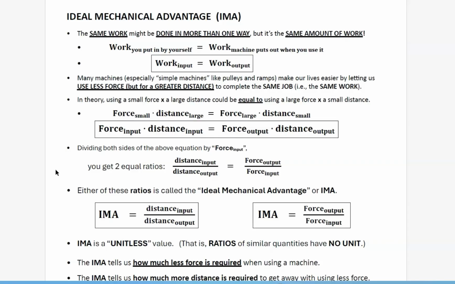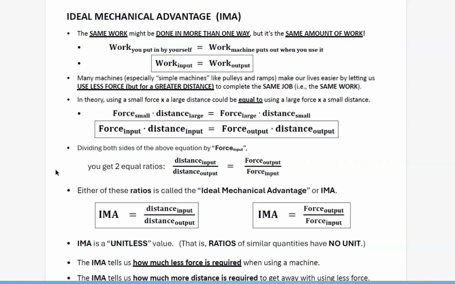For example, with a ramp, you could lift a heavy weight straight up, and that would require a lot of force, and you're only lifting it a small distance, but that's pretty hard to do. But if you have a ramp, you can push it up a long ramp with a large distance, but you can use less force as you push up this long ramp.